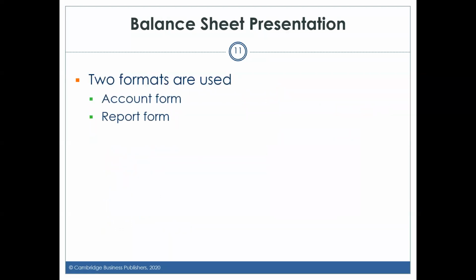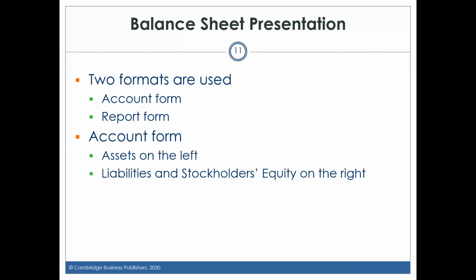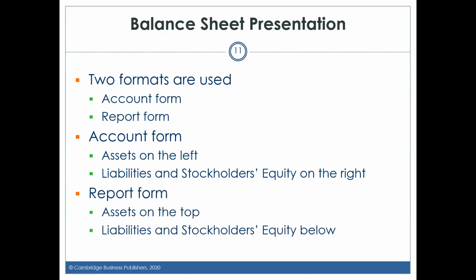So there's two ways you can present the balance sheet, and I told you this before, but I didn't give you the formal definitions. So the two formats are account form and report form. Account form is the one that we don't really do very much, where we put the assets on the left and the liabilities and owner's equity on the right. In class, I've been using the report form, which is where assets are on top and liabilities and owner's equity are below.